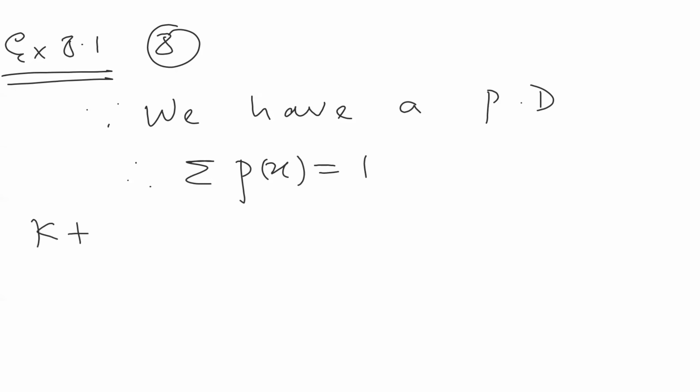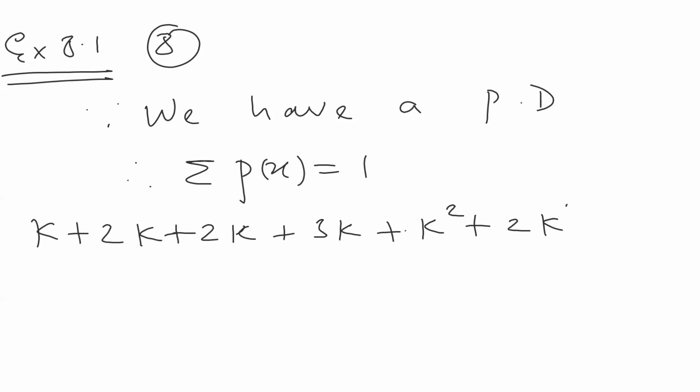So k plus 2k, I'm adding up all the probabilities over here, plus 2k once again, plus 3k, plus k square, plus 2k square, plus 7k square, plus k is equal to 1, right?